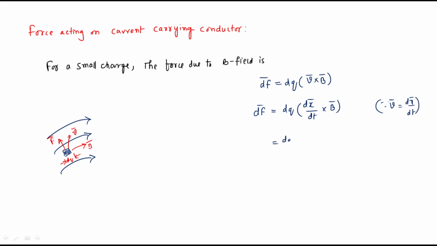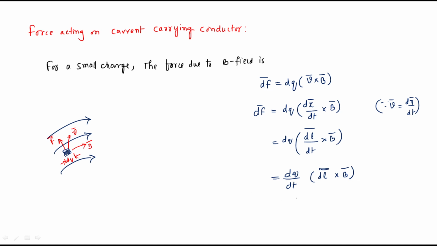So df equals dq into dl by dt cross B. Displacement is notated with L, so we can say dq by dt into dl cross B.